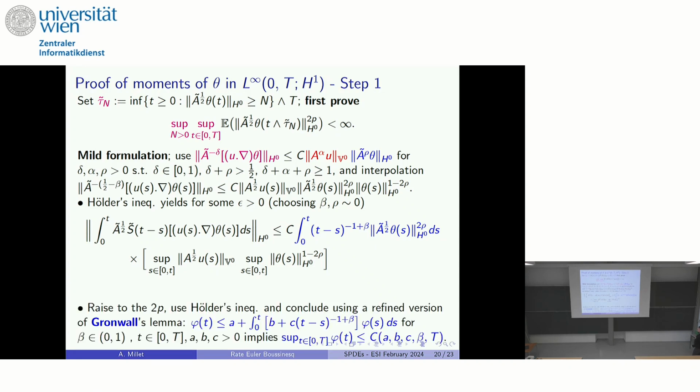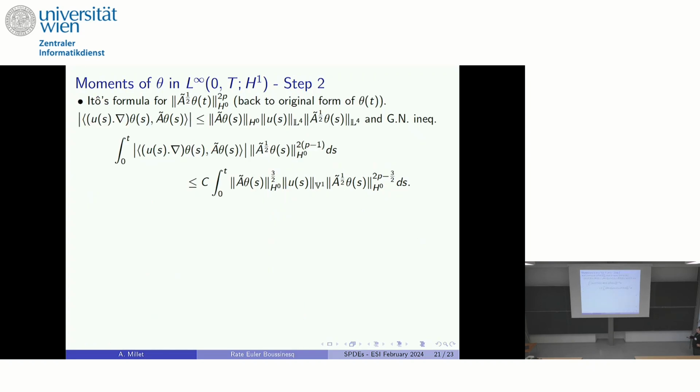And then you use a refined version of the convergence lemma, which tells you that whenever you have a function which is bounded, that's why we have this stopping time, which satisfies this upper bound, a constant plus some time integral with an exponent which is strictly larger than 1, plus even a constant if you like, then uniformly in time, you can upper bound this function.